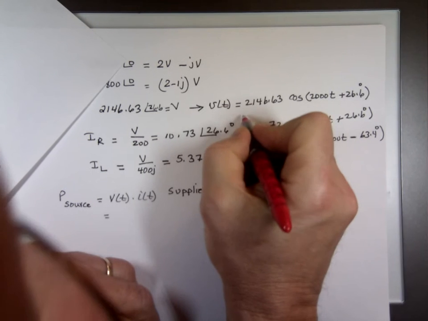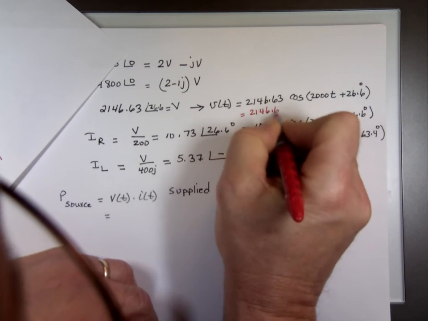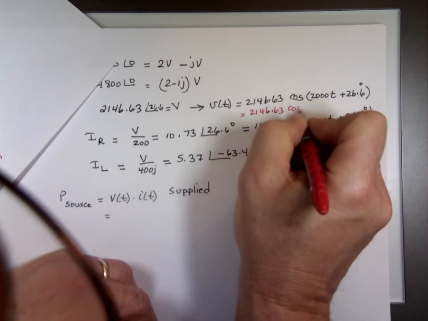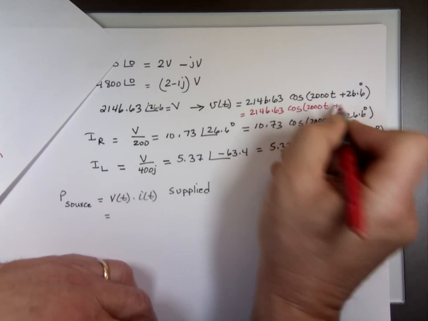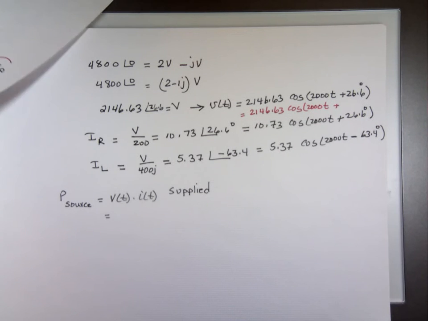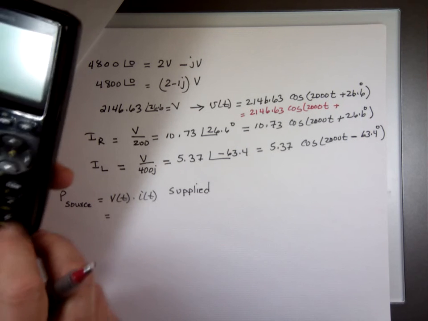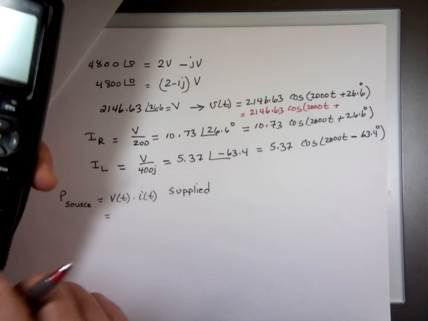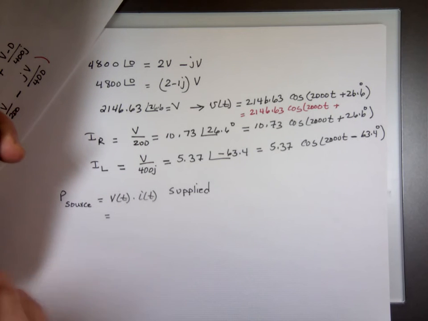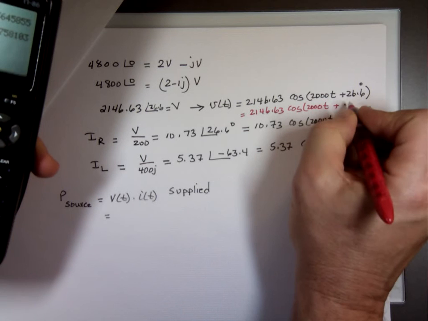So this will be 2146.63 cosine, still the 2000t, but instead of 26.6, that's going to be pi times 26.6 divided by 180 degrees. Now you're in radians, 0.464.